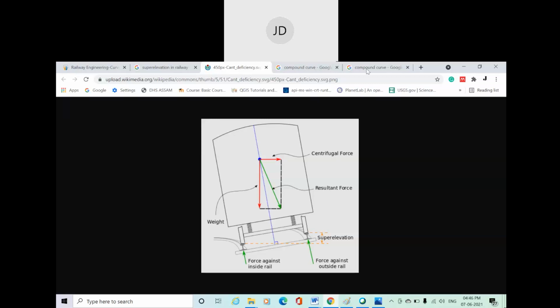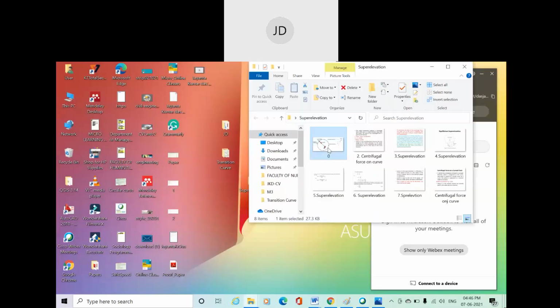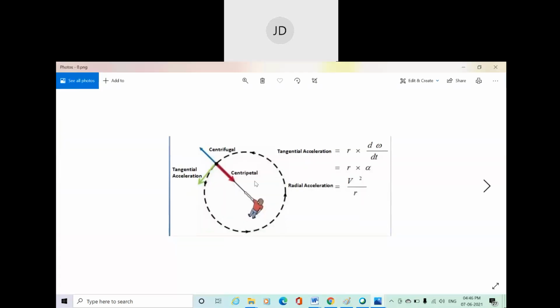If you want deeper knowledge about super elevation, you can have this diagram. Suppose this man is trying to rotate this ball, which is attached with a thread, moving around him. Now, in this situation, what forces are acting on it?